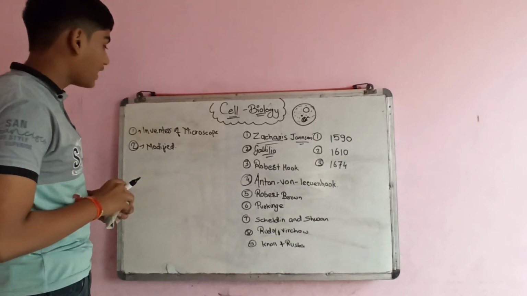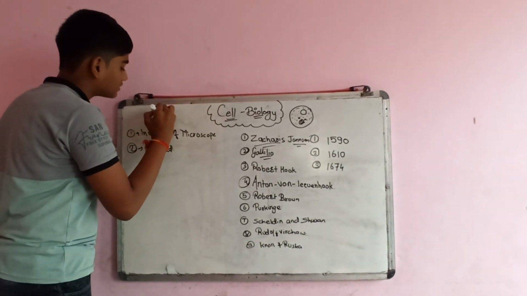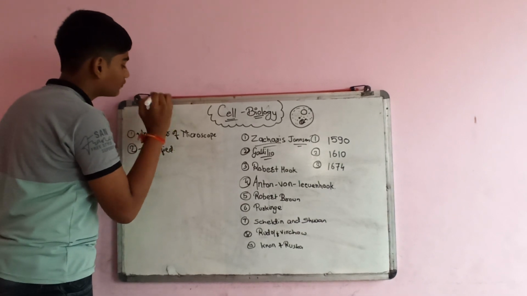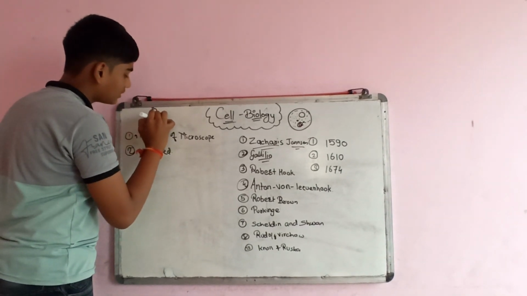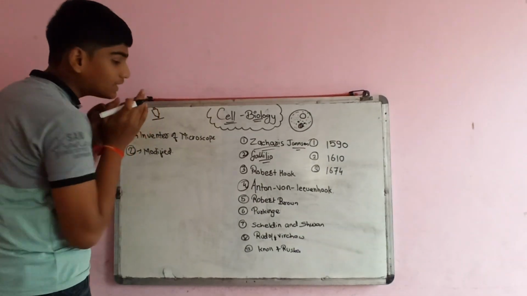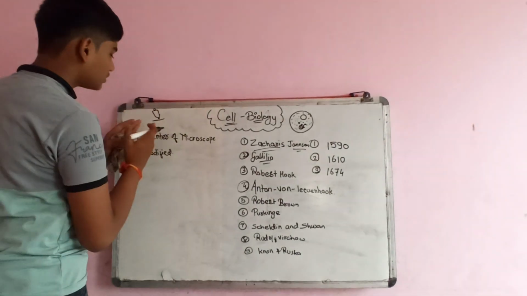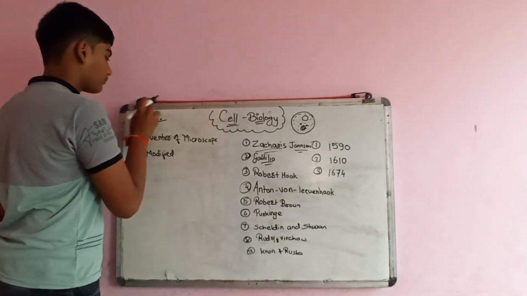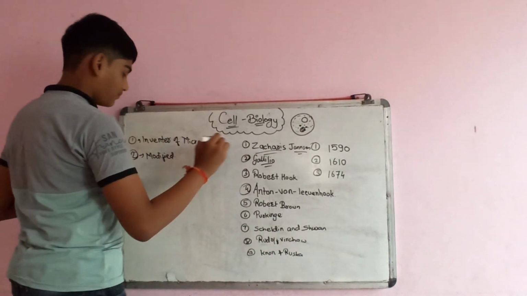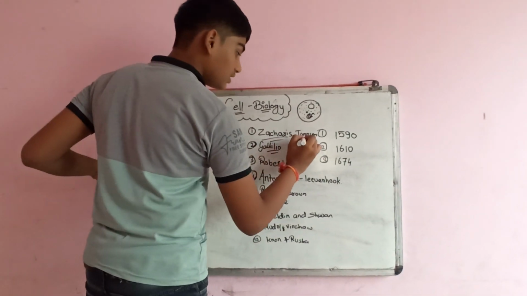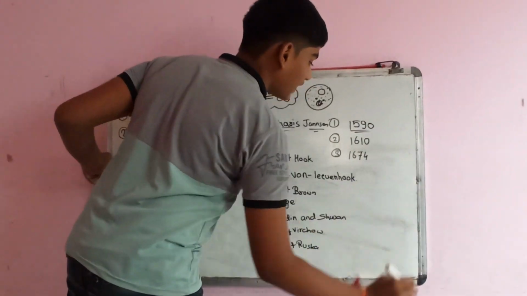If it was a very small object, then it was not easily possible to see the object. So he had modified and made a structure like this. Here one lens, here for seeing one lens, and it was again in hand, but it was a little bit modified. Then after some years, Zacharias Janssen invented the microscope in 1590.